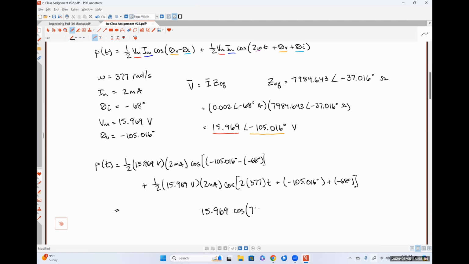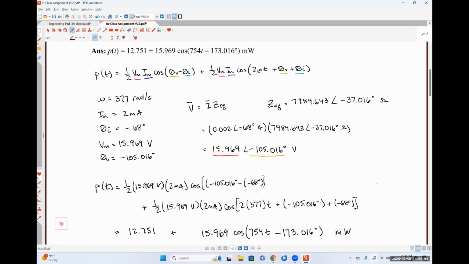Cosine 754t minus 105.016 minus 68, negative 173.016 degrees. And then for the part out front, I just take that and multiply by cosine of negative 105.016 plus 68. And that seems legit.